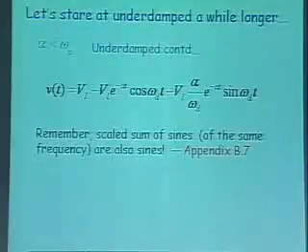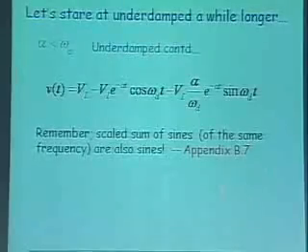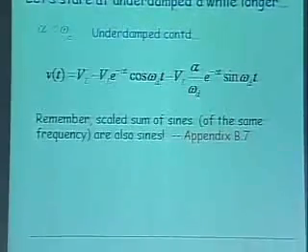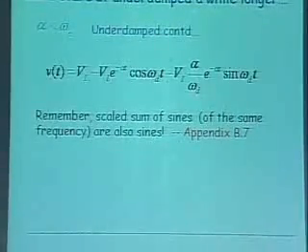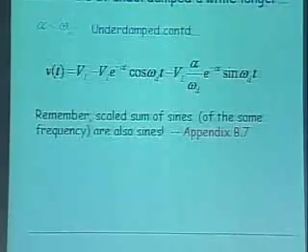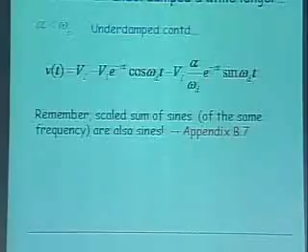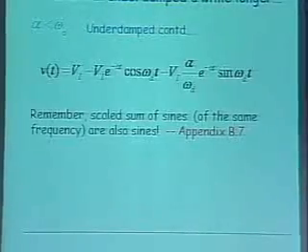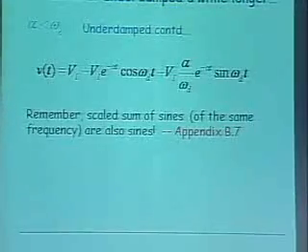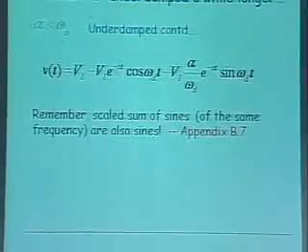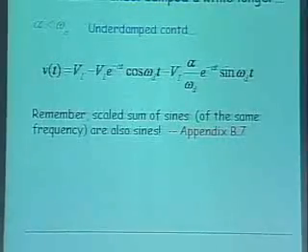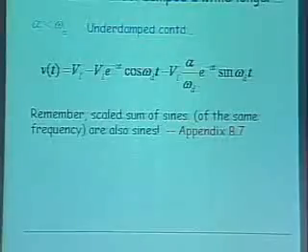This is an incredibly cool fact of sinusoids. If you take two sinusoids of the same frequency, and you scale them up in any which way and add them up, you also end up with a sinusoid. It's hard to believe, but it's true. It's an incredible property of sinusoids. Take any two sinusoids, scale them in any way you like, same frequency, add them up, you'll get a sinusoid.